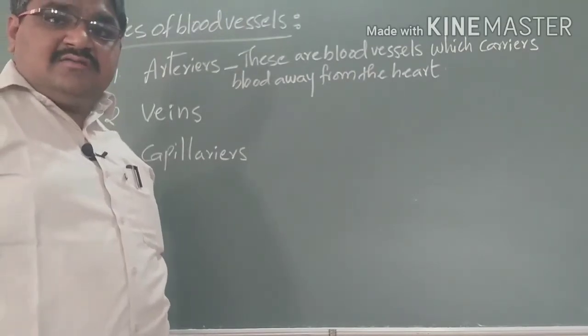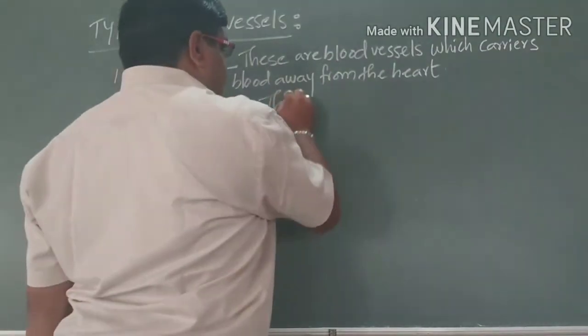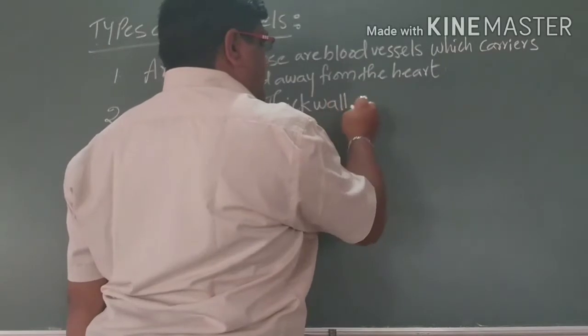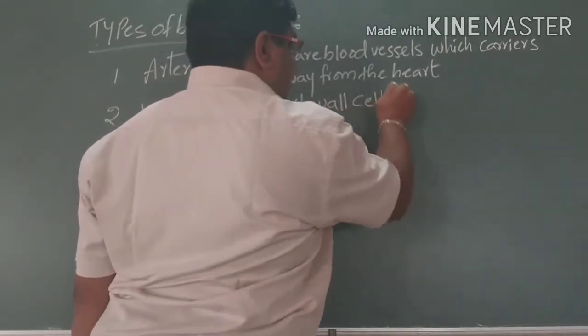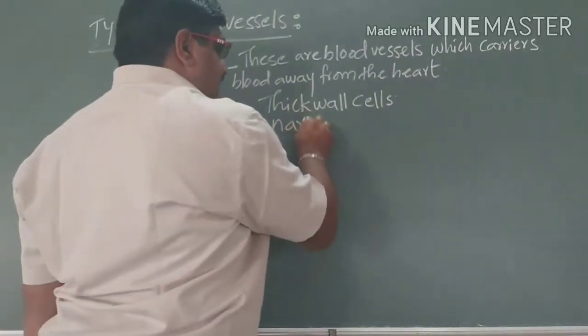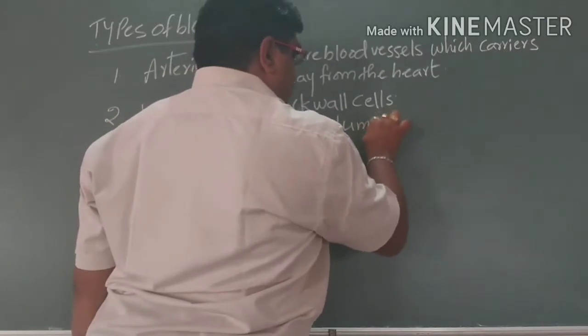Here, arteries have thick walls. They are made up of thick-walled cells, and they also have a narrow lumen.